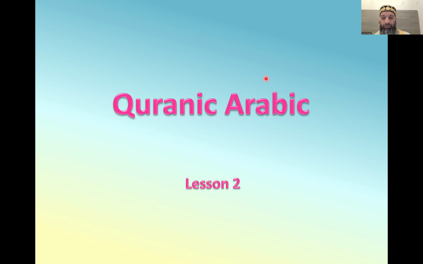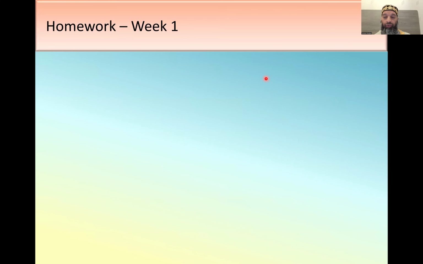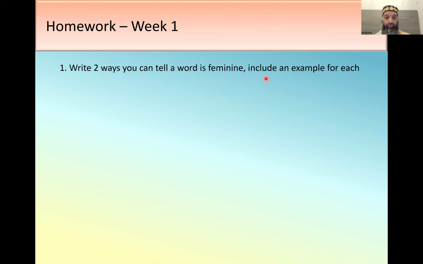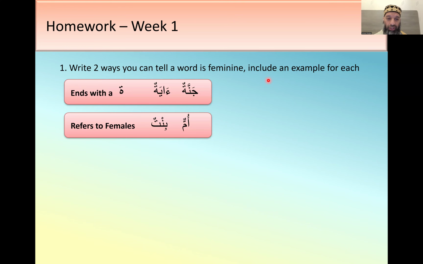Okay, Bismillahir Rahmanir Rahim. So, homework for week 1. The first question was, write 2 ways you can tell a word is feminine. Include an example for each. So now you can obviously turn to your homeworks and see if you got your homework correct. The first way, and the most obvious way you can tell a word is feminine, is if it ends in a ta marbuta, a ta that has been tied up.